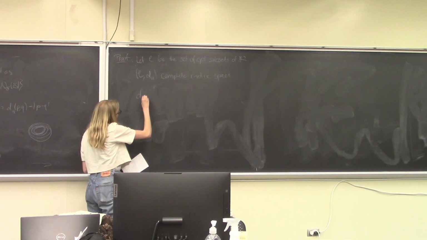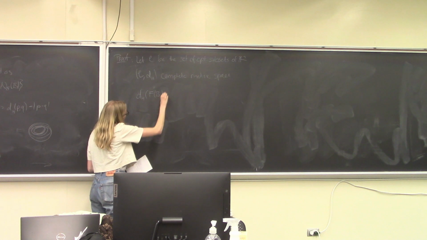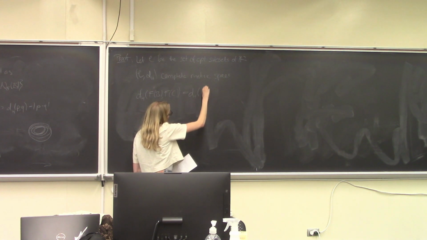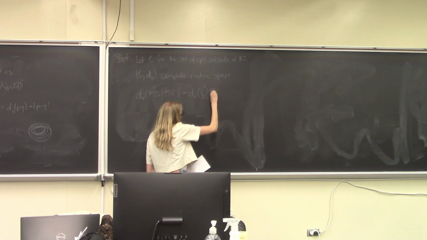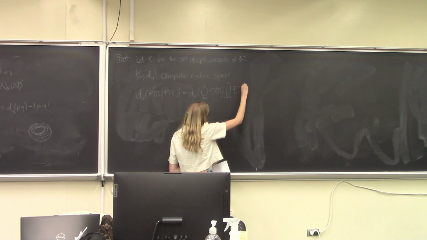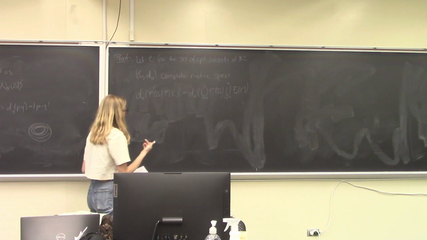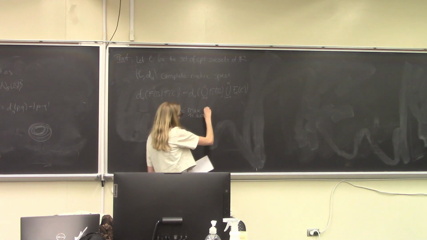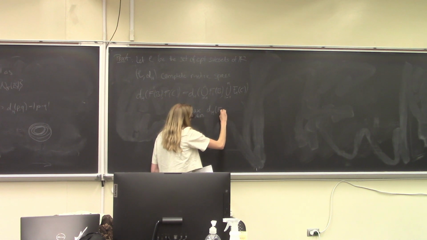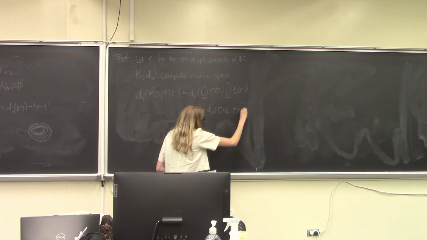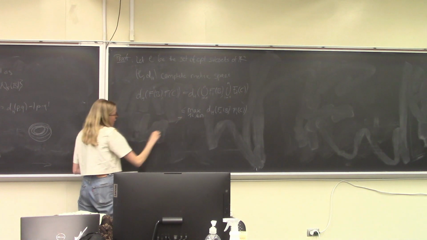If we have d_H of F(B) and F(C), by definition of F, this is d_H of the union of F_i(B) and the union of F_i(C). Now, I claim that this is less than or equal to the maximum over 1 ≤ i ≤ M of d_H of F_i(B) and F_i(C). Why?